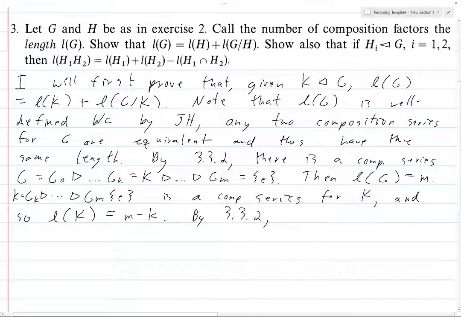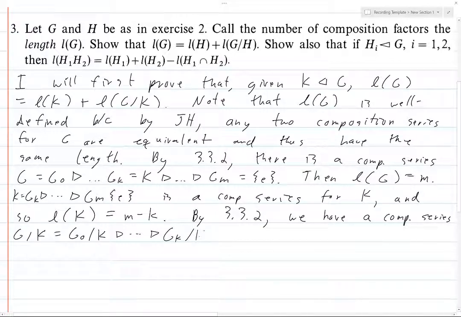Now by 3.3.2, and we're actually going to refer to 3.3.2 because this is something that you have to prove using isomorphism theorems, and I don't want to go through that again, and we don't have to because we proved it. We have a composition series G mod k equals G naught mod k, contains all the way down to gk mod k, which is of course just k mod k, and so this is just the identity.